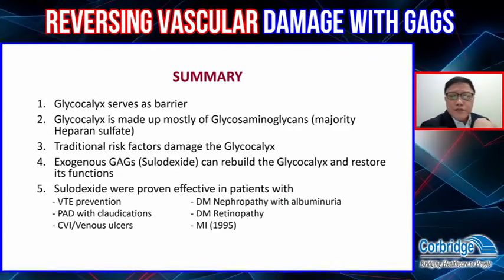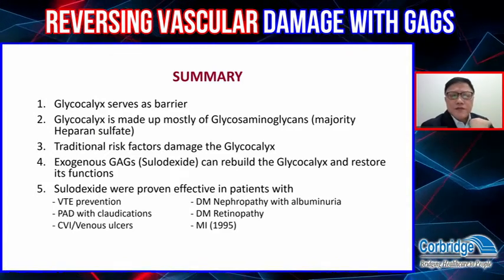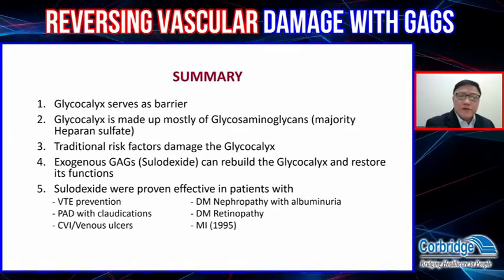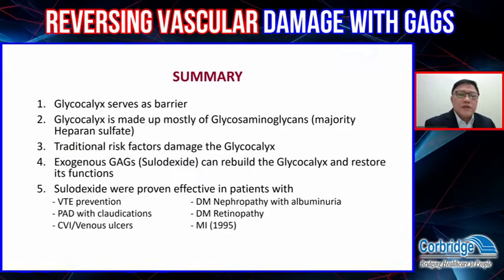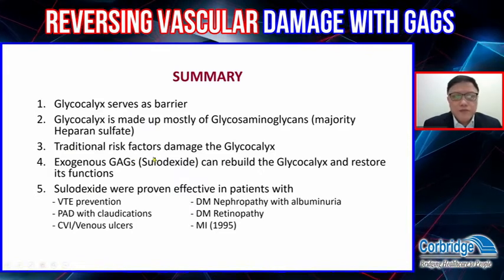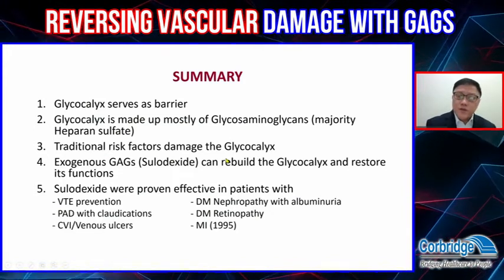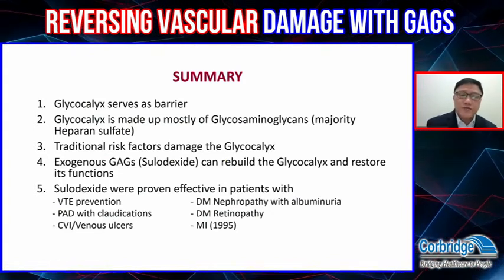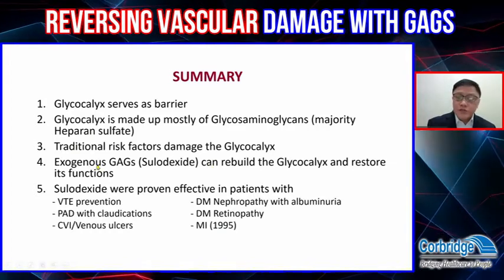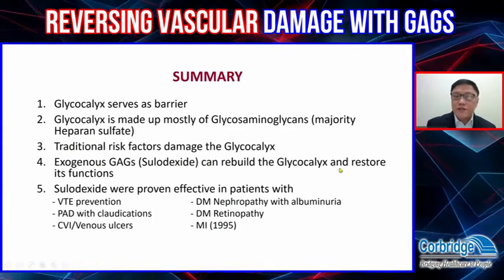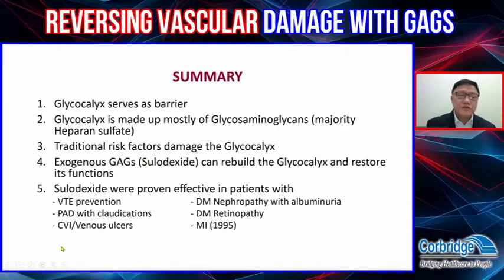The glycocalyx is made up of glycosaminoglycans, majority of which are the fast-moving heparin or heparan sulfate. Traditionally, the common risk factors that we see are the ones that damage the glycocalyx. And there is an exogenous glycosaminoglycan that can rebuild the glycocalyx and restore its functions.